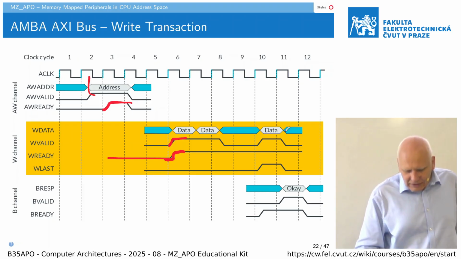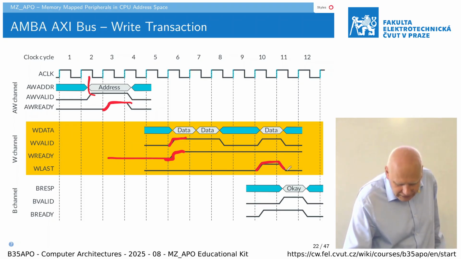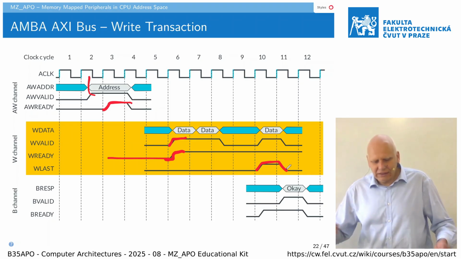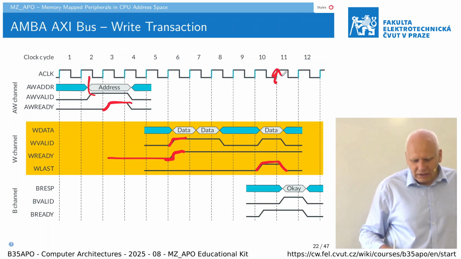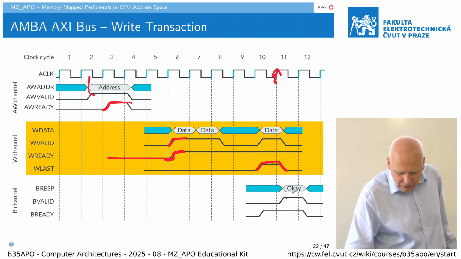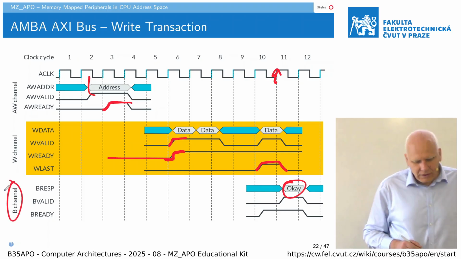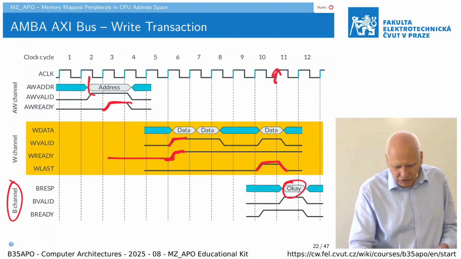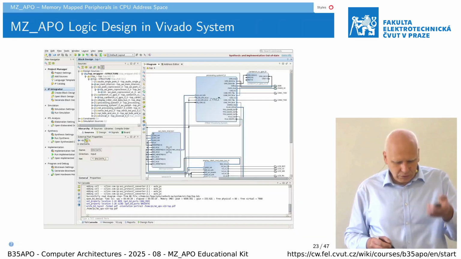And then we can start to write the data, and for the last data word we assert write last, and it informs that after this clock cycle the bus is considered to have finished the write transaction, and we get back on the B channel the information that the operation has finished correctly. So this is the option we can use.